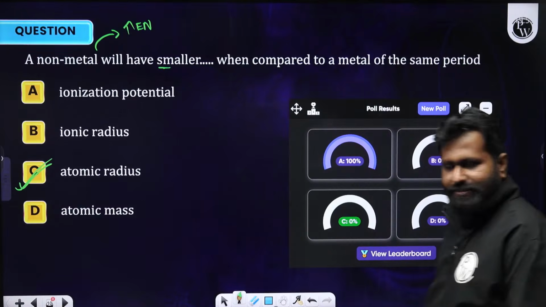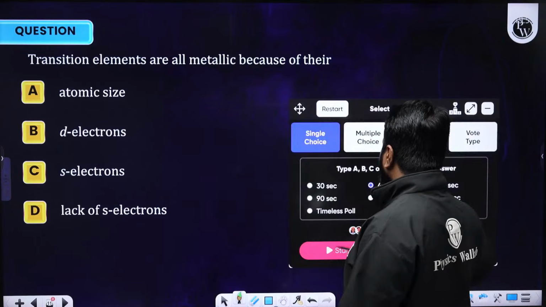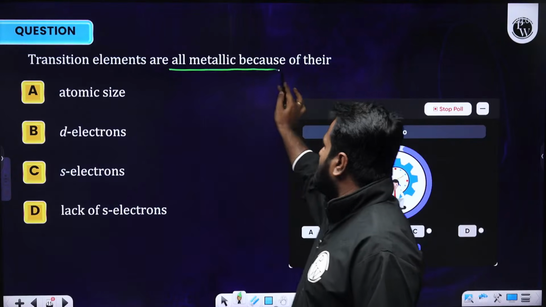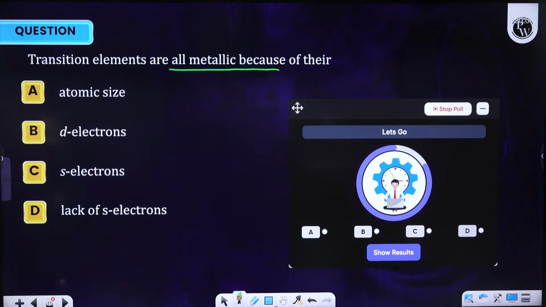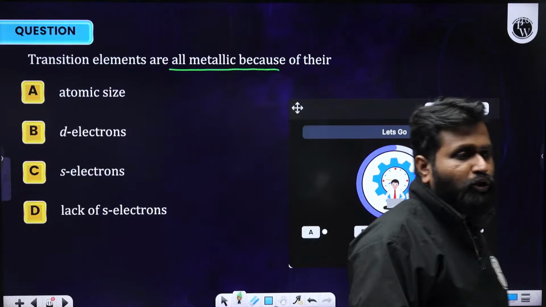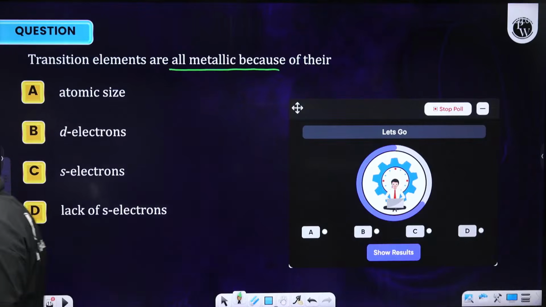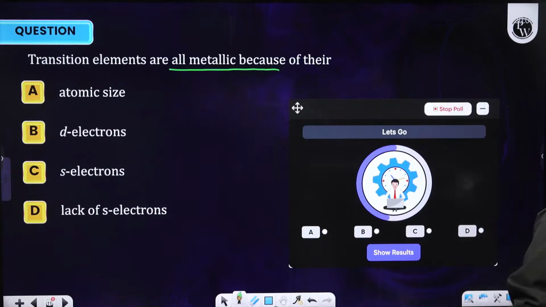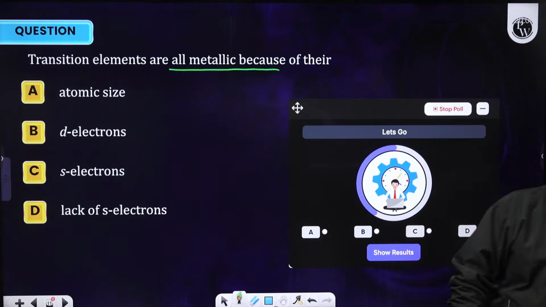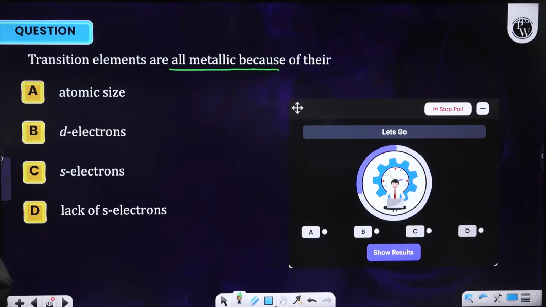Atomic radius. Next question. Transition elements are all metallic because of their dash. Why are all transition elements metallic?